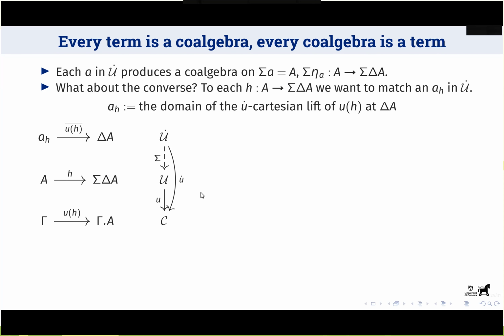And then since U dot 2 is a fibration, we can compute this lift, and this produces this A_H.